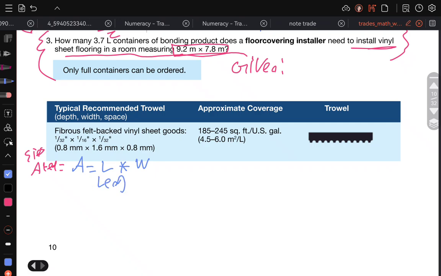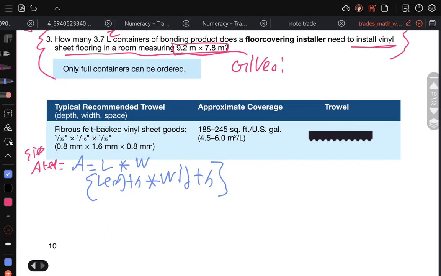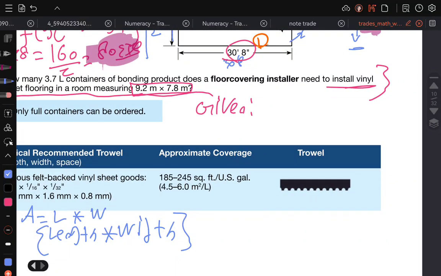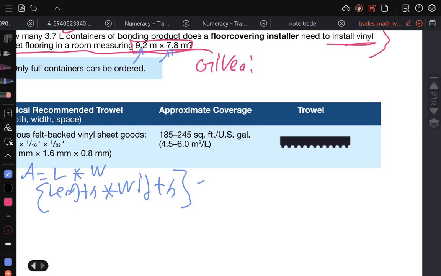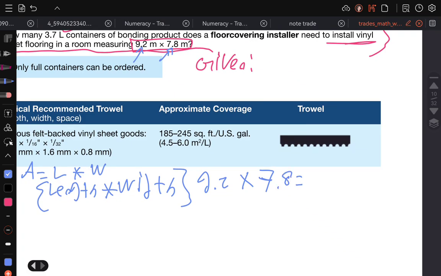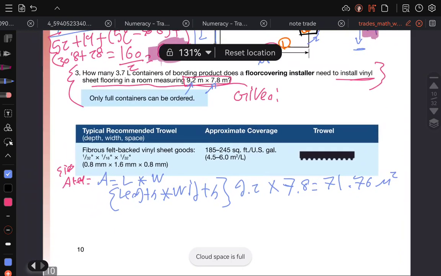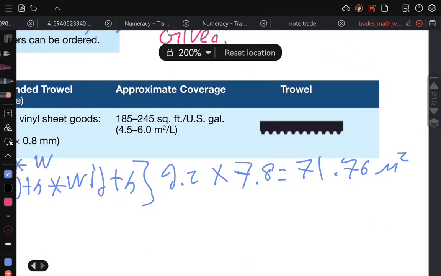From the question you can see that the length is 9.2 and the width is 7.8, so it's going to be 9.2 multiplied by 7.8, and it's going to be 71.76 meters squared.